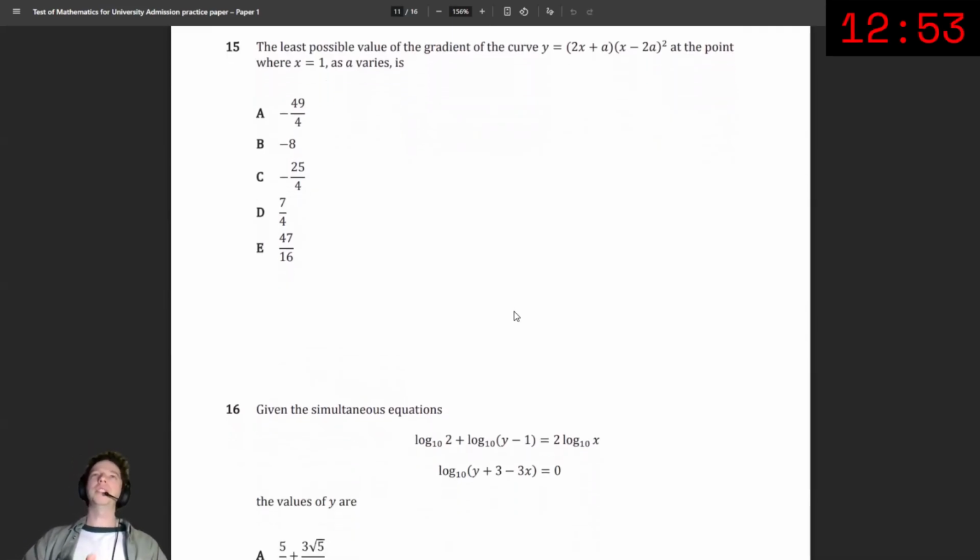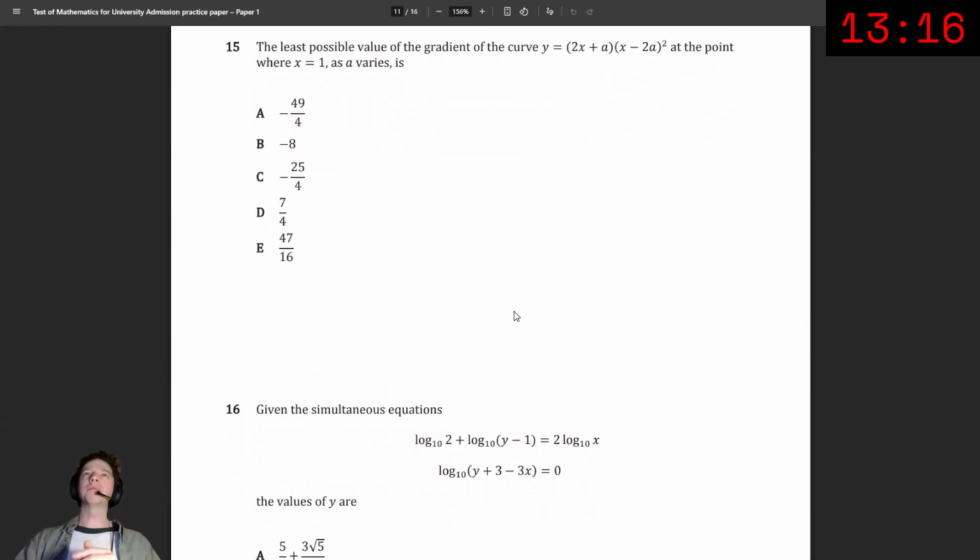All right, question 15. The least possible value of the gradient of the curve y equals 2x plus a times x minus 2a squared at the point where x equals 1 as a varies is... Okay, so we've got a curve which depends on some parameter a, right?